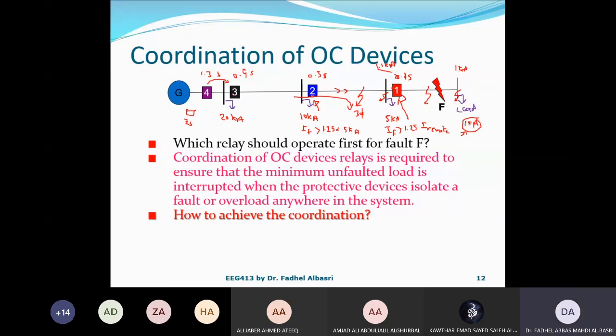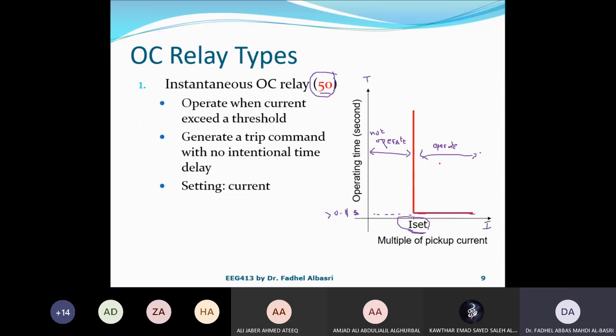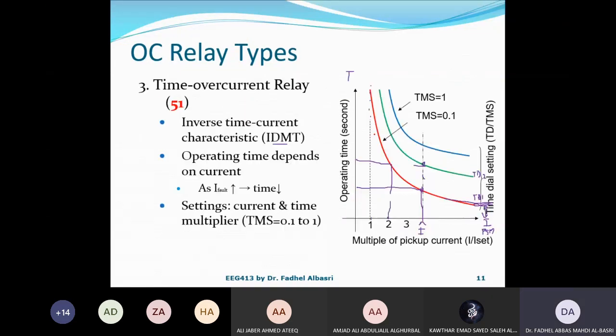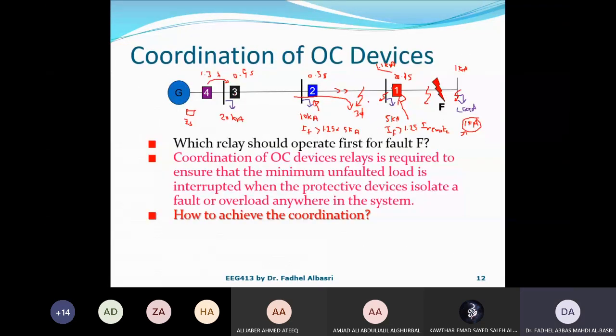This can act immediately to clear the fault faster. So with implementing this, I can use the instantaneous function. This is grading by current only. It's not grading by time. So all of these relays act instantaneously.